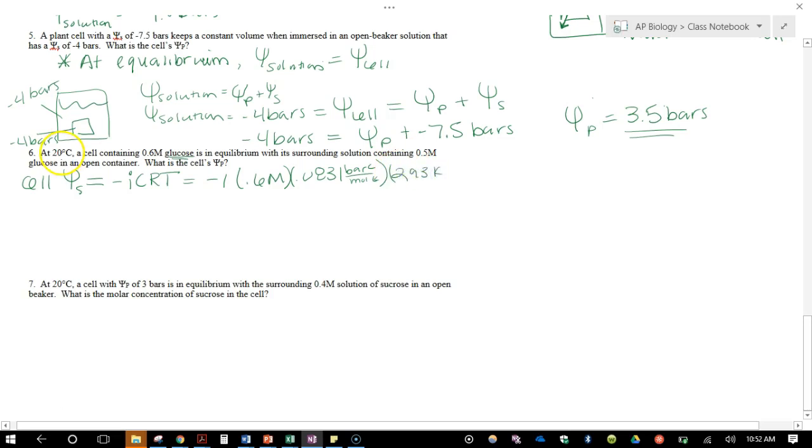This is what happens when you have 20 plus 273. And this is going to be negative 14.6 bars. Okay, let's look at the solution.